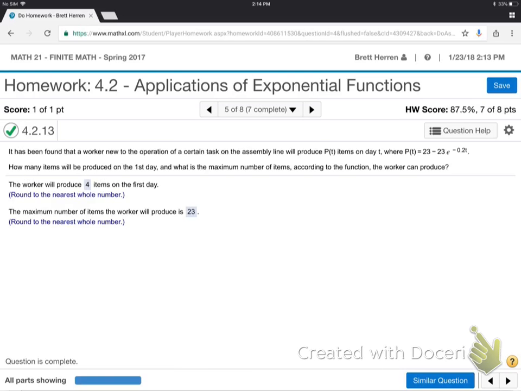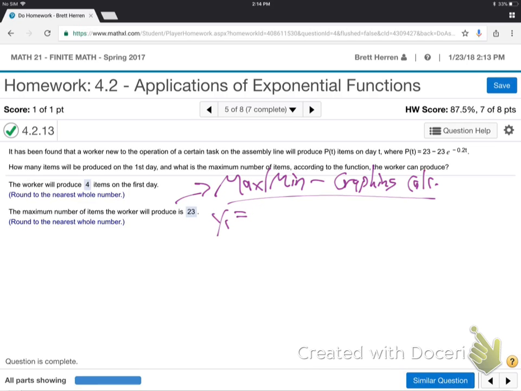So for max min, graphing calculator. Y1 is 23 minus 23e to the power minus 0.2x. You have to put in that x. That's the t.